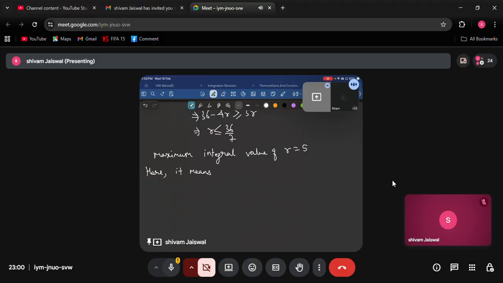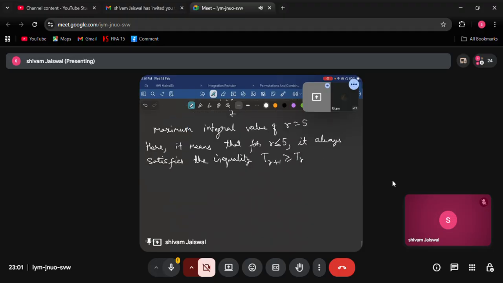Here it means that for r less than or equal to 5, it always satisfies the inequality T(r+1) is greater than or equal to T(r).